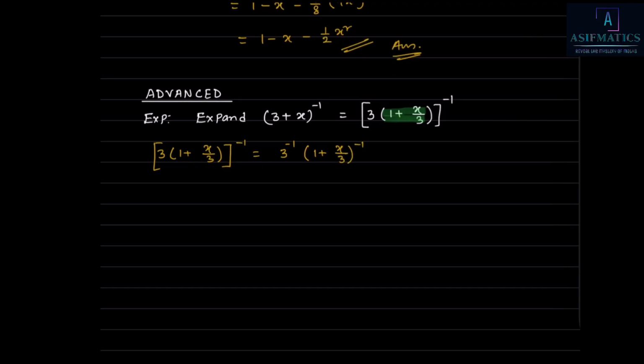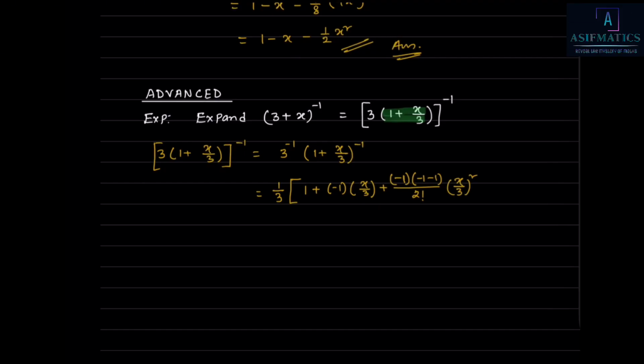Okay? So we can write 3 to the power minus 1 is nothing but 1 by 3. And then the rest of the part we can expand. 1 plus nx, where x means x by 3, plus n into n minus 1, that is minus 1, n into n minus 1 by factorial 2, and x square, so x by 3 whole square.